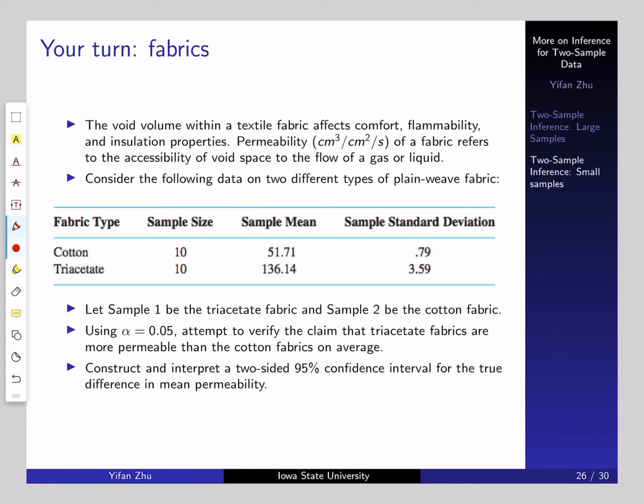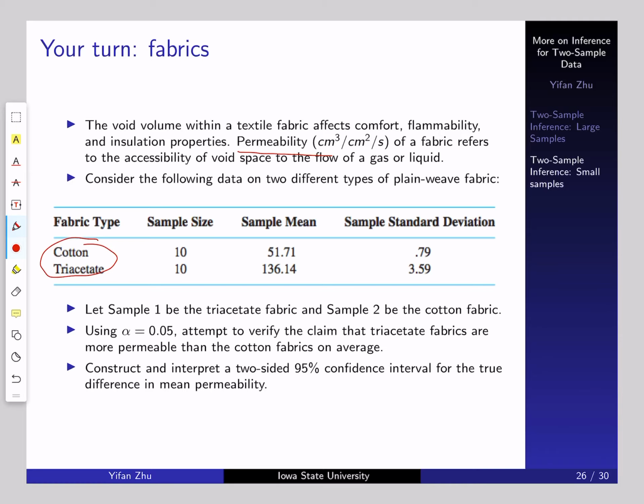The void volume is measured by the thing called permeability. And these are the two types of fabrics we are comparing. One is cotton and one is triacetate.